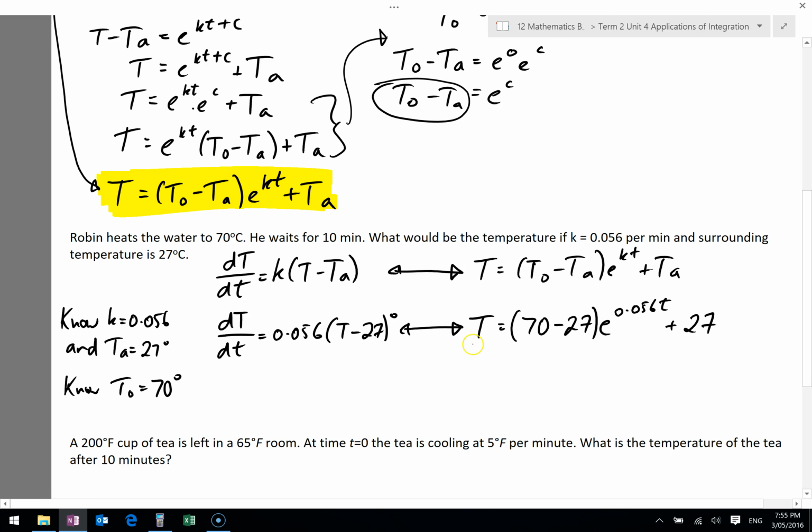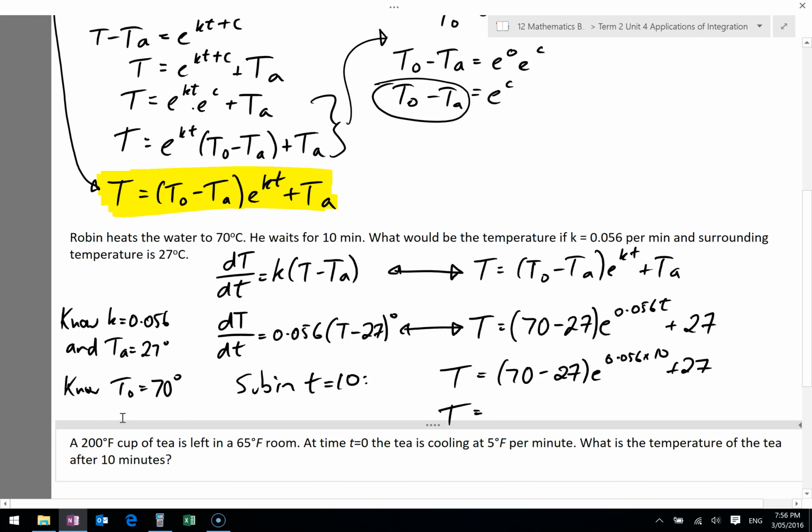Now that I've found that formula, I can sub in t equals 10 to find what the temperature would be, and calculate an answer from here.